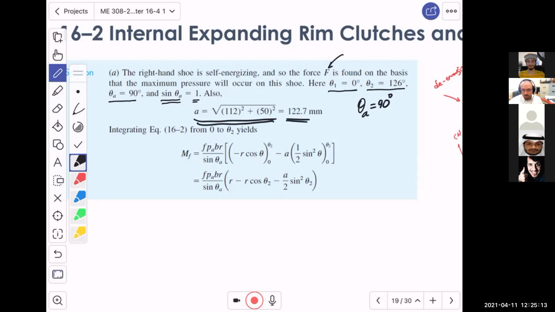122.7. Just remember the number. Now we move on to the moment.